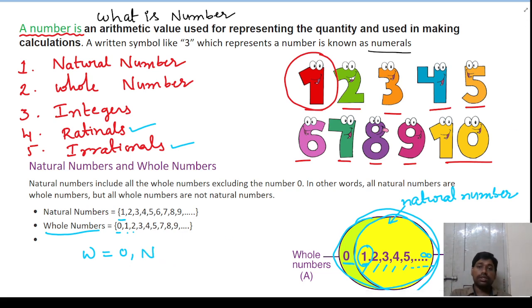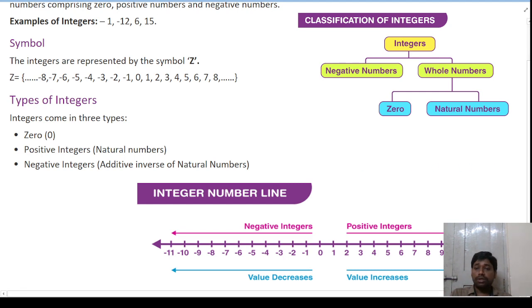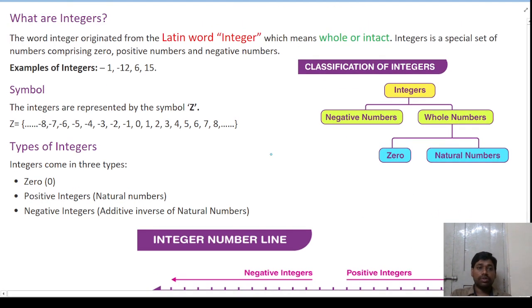Next, the third one: what is meant by integer? The word integer originates from the Latin word integer, which means whole or intact. Integers are a special set of numbers having 0, positive numbers, and negative numbers. Examples of integers are -1, -12, and positive numbers like 6, 15 and so on.